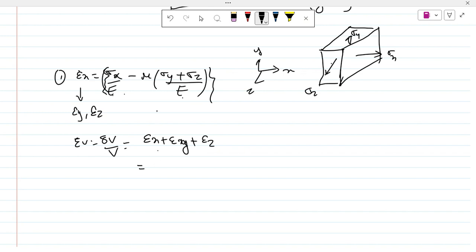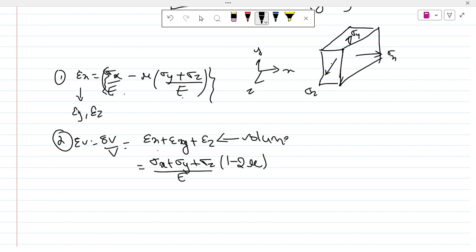So if we do like this, in terms of stress, it is (sigma x plus sigma y plus sigma z) by E times (1 minus 2 mu). So this is the volumetric strain.